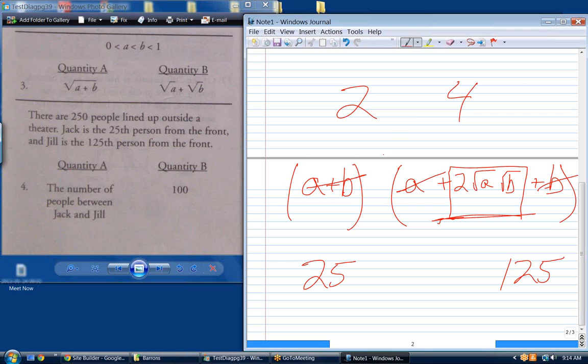There'd be 1 between 2 and 4, and we got that by subtracting the two numbers and subtracting 1. If I said how many numbers are between 2 and 5, you'd say 5 minus 2 minus 1. So if we apply that principle to these two big numbers, then we know there must be 99 people in between them.